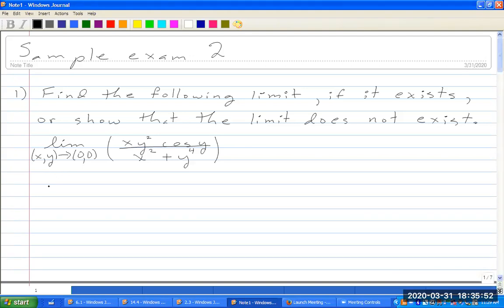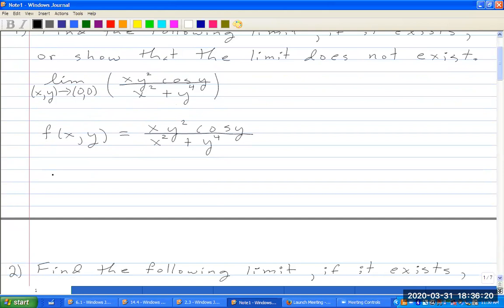And so if I let f of x y equal x y squared cosine y over x squared plus y to the fourth, then I'll look at the limit as y goes to 0 of f of k y squared, y.